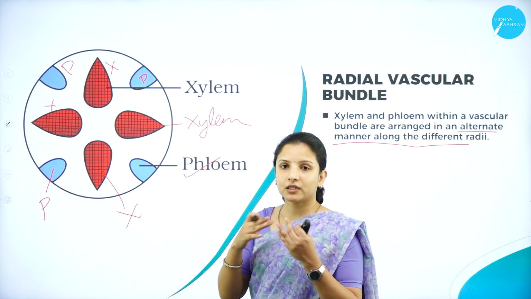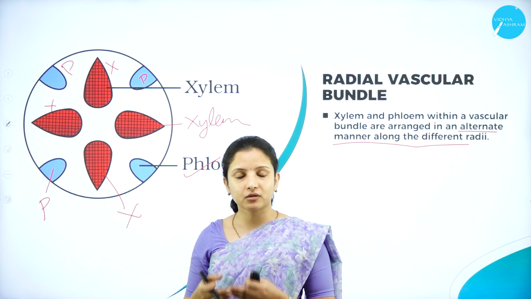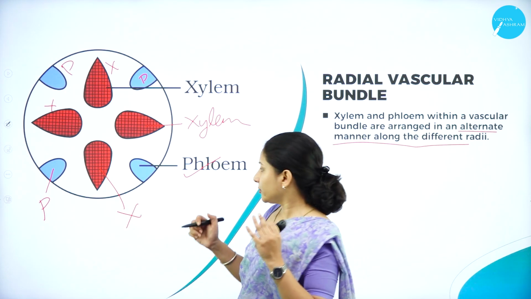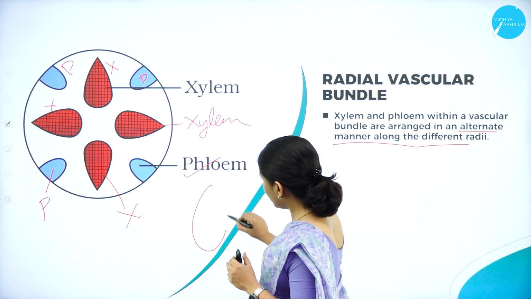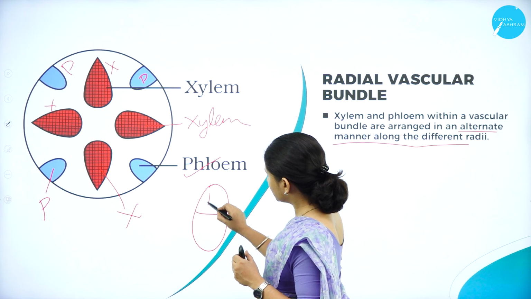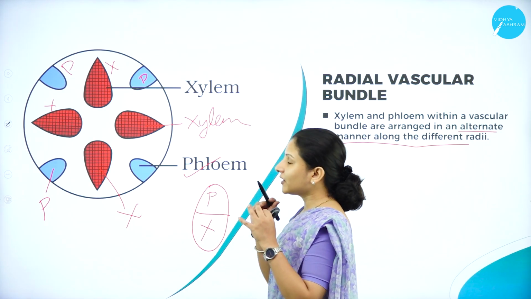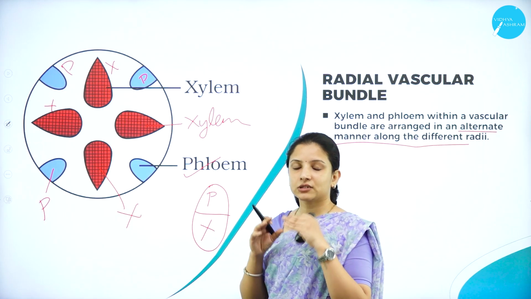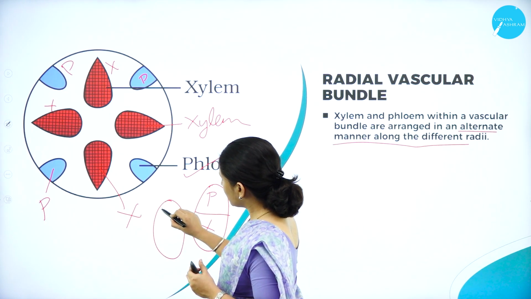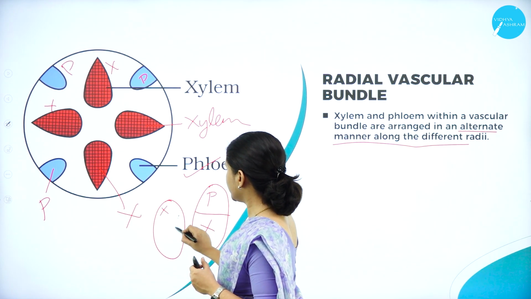So they alternate. It is not like what I had shown previously in the open type and the closed type vascular bundle, where the xylem and the phloem were present in one region itself. That is, after the presence of the phloem, the xylem was present. But in this case, the tissues are present separately, wherein if once it is xylem, the other one will be the phloem.